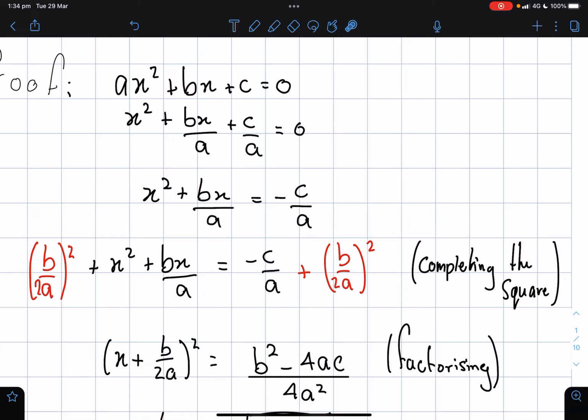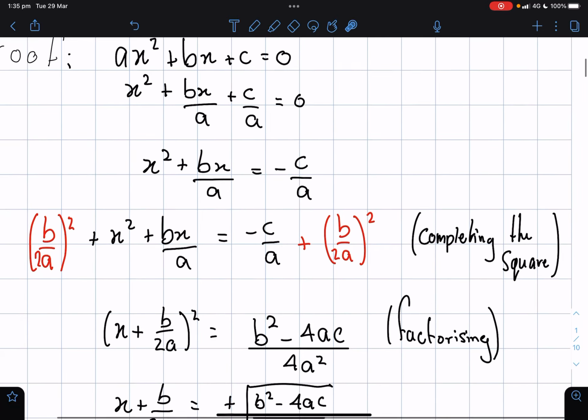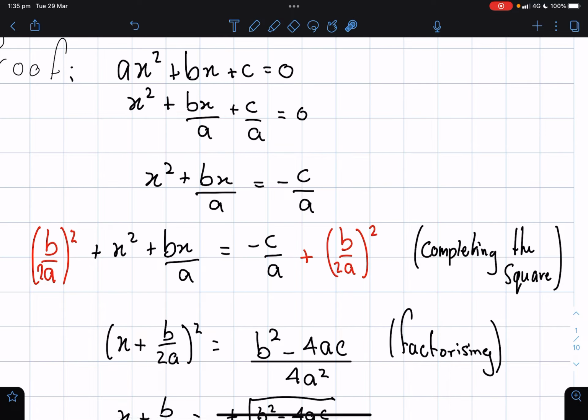That gives us a 4a squared on the bottom and a 4ac on top. Then all we're doing is adding them together, and I've just put this term on the right-hand side so that the negative sign is in the middle. If you're still not sure about that, write it out yourself and slowly solve and simplify. You will see that it comes out to be b squared, take 4ac, all over 4a squared.